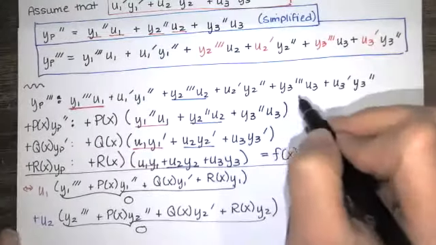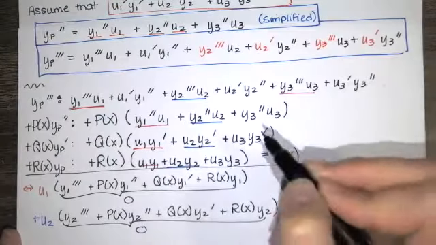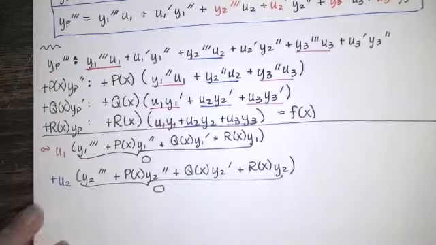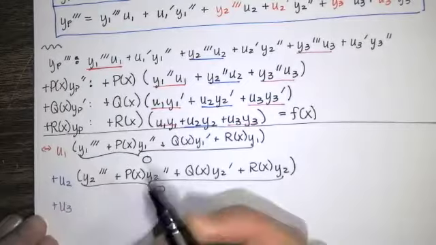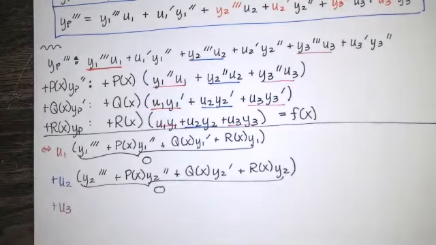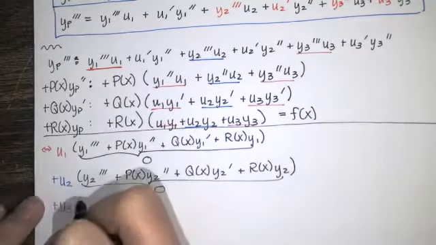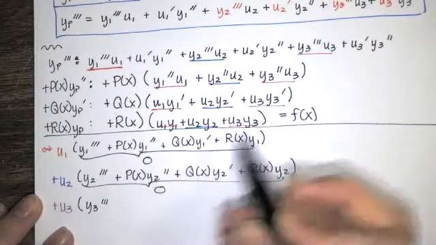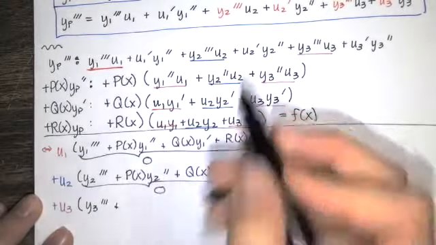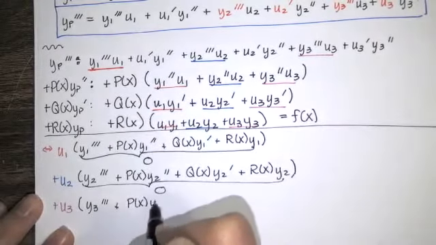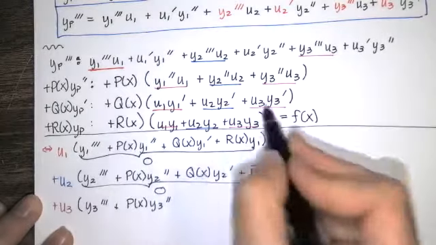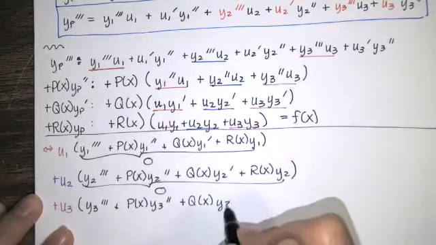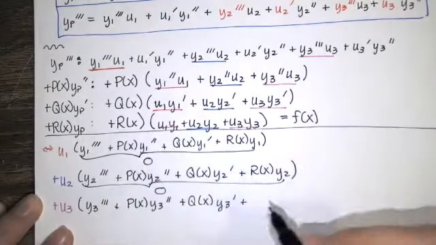I've got one here, and one here, and one here, and one here. I factor u sub 3 out from that. We get this: y sub 3 triple prime plus P of x times y sub 3 double prime plus Q of x times y sub 3 prime plus R times y sub 3.